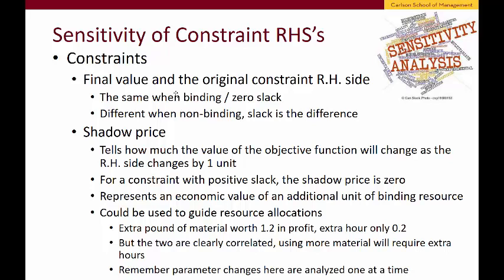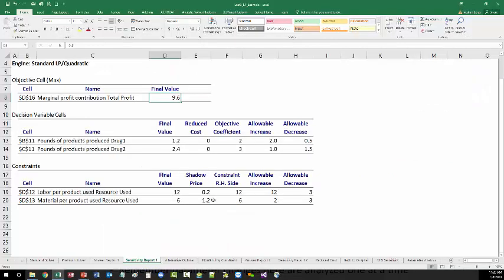This is more than an increase of 20 cents that you could accomplish by throwing in an additional labor hour, increasing it from 12 to 13, which is again well within the allowable decrease of 12. We can increase up to 24 hours and have this specific shadow price be valid.